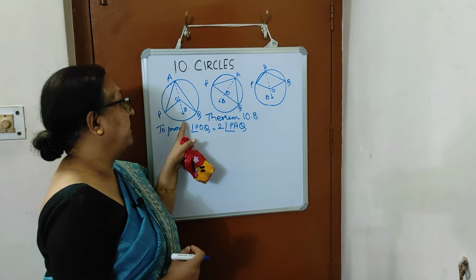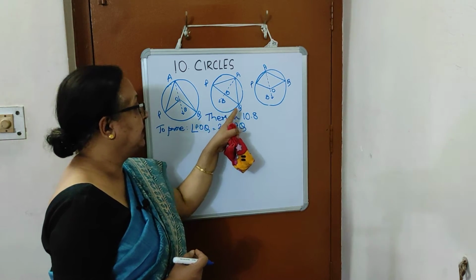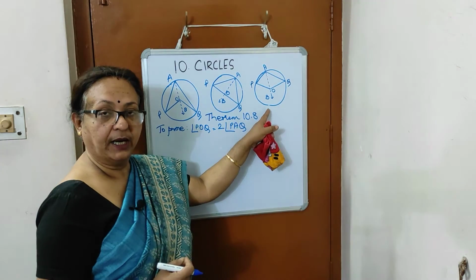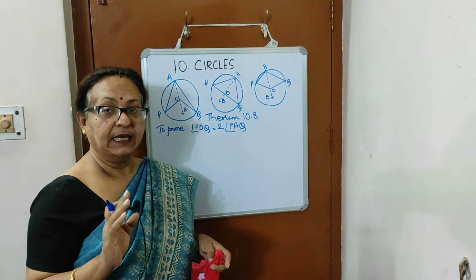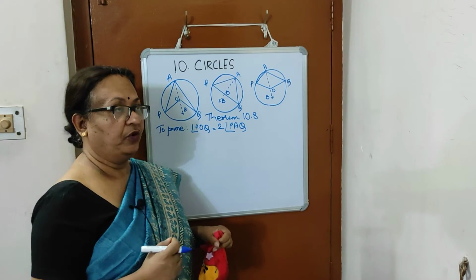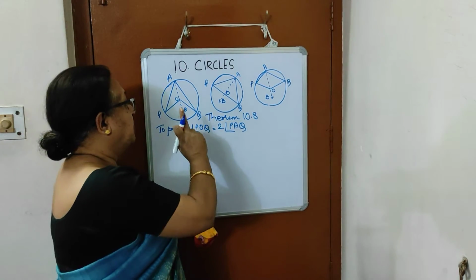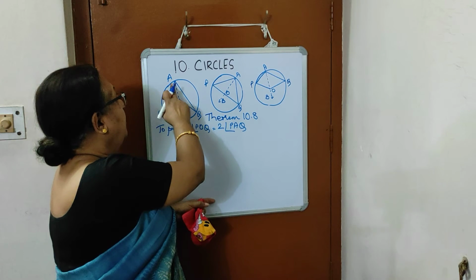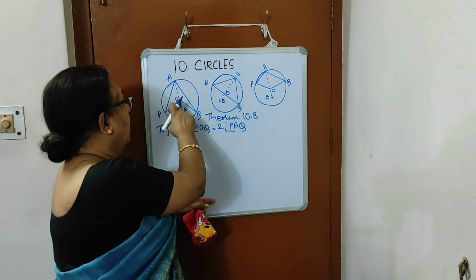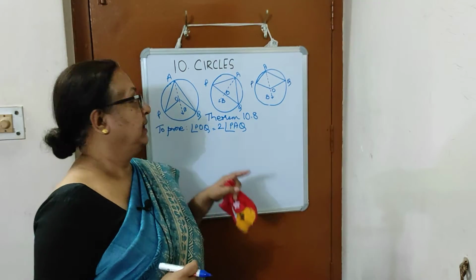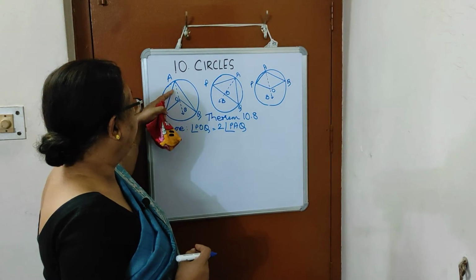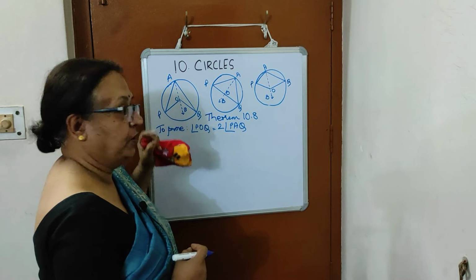So PQ can be minor, a semicircle, or the major arc. Now the proof for all the three cases remains the same. Let's see how we prove it. For it, there's a small construction. We join AO and produce it to a point B. Construction: join AO and produce it to B.